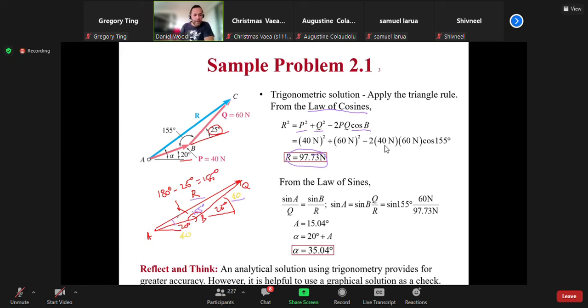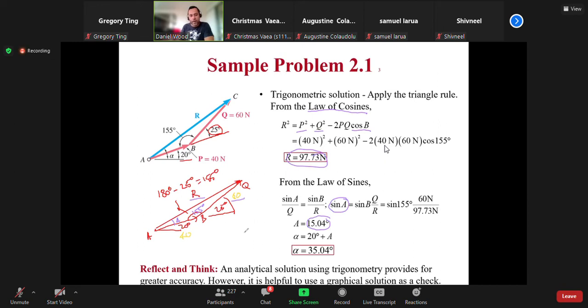So in this case, we're calling that A, the internal angle A. So I have sine A over its opposite side, which is Q, is equal to sine of B, which is 155 degrees, over the opposite side, which is R. Now I can rearrange for sine of A, and I get A is equal to 15.04 degrees. Now that's the internal angle of that triangle.